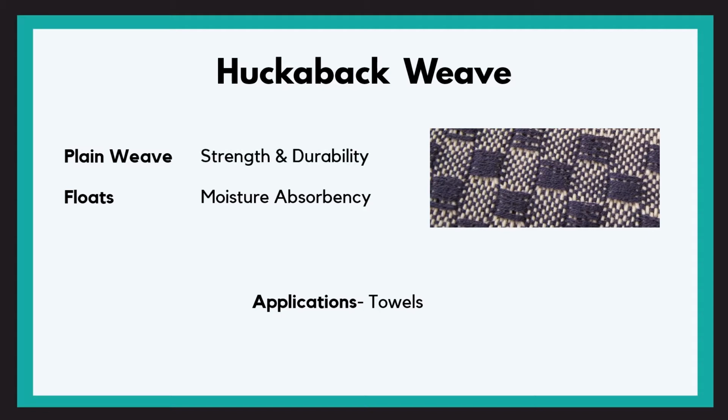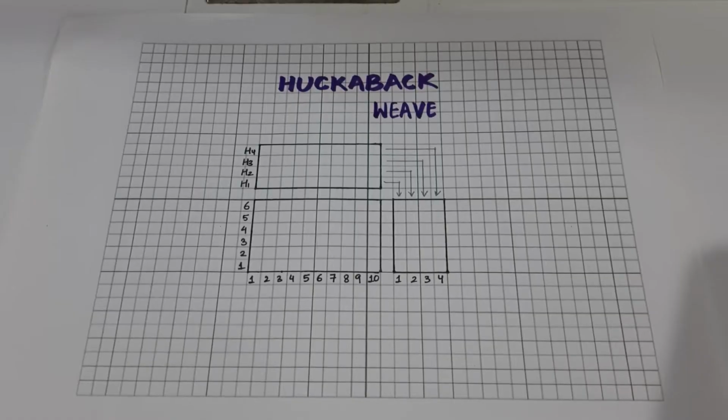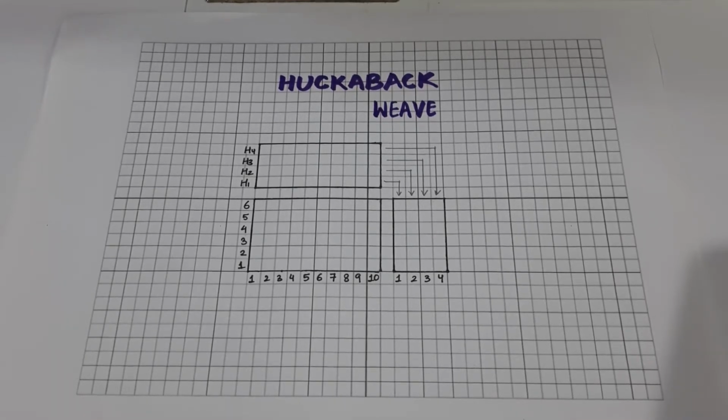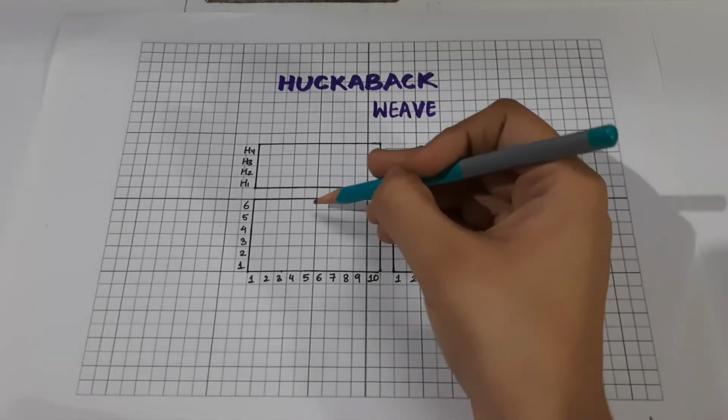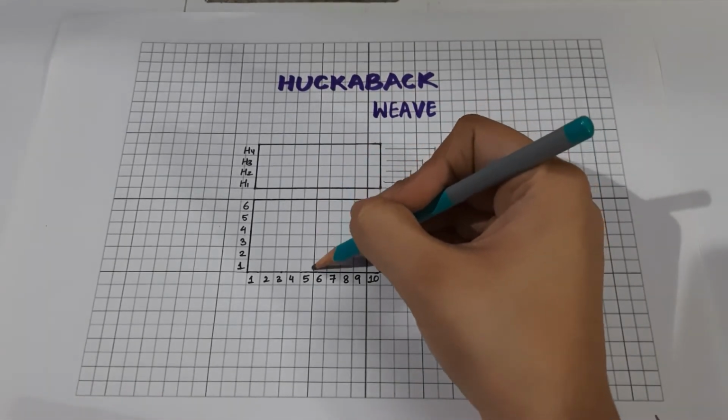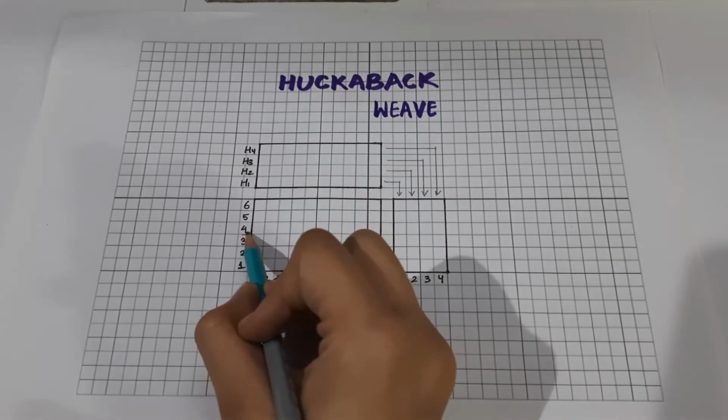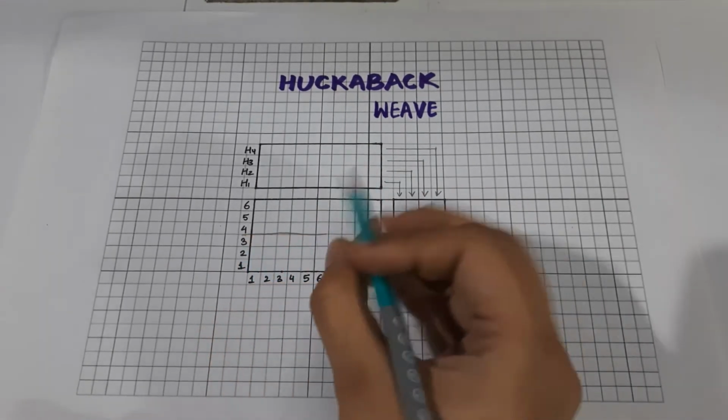Now let us quickly move on and see how we mark the huckaback weave. This is the 6-pick huckaback weave, and the first step for any huckaback weave is to divide the grid into 4 equal parts. I'll quickly mark the division.